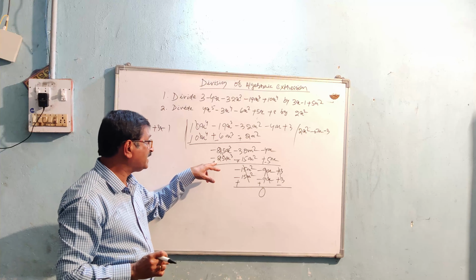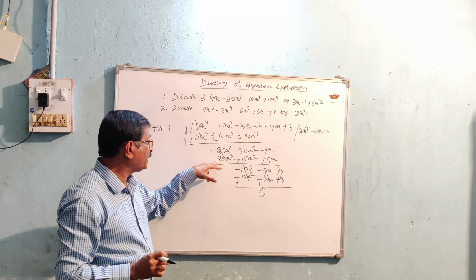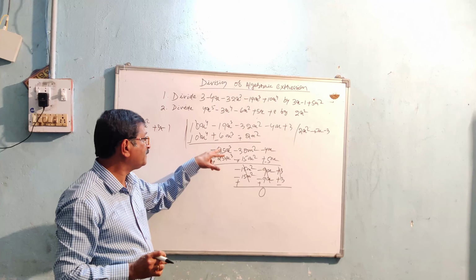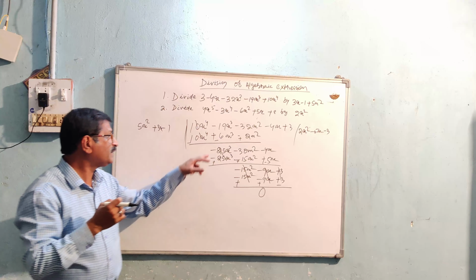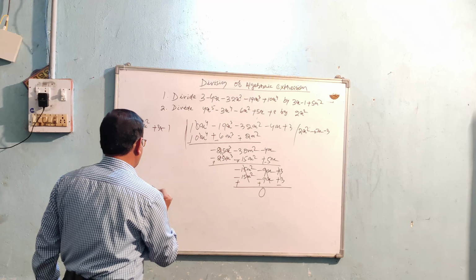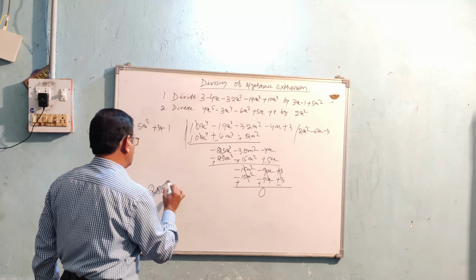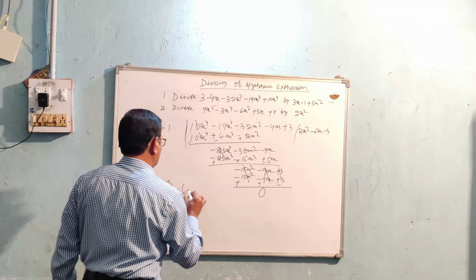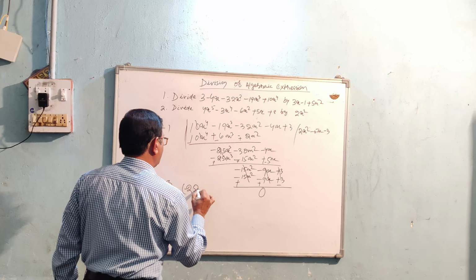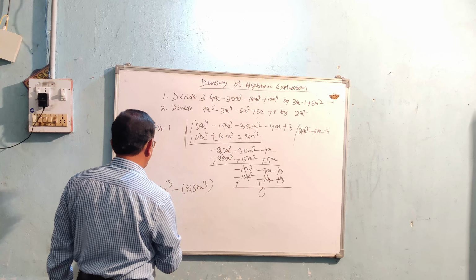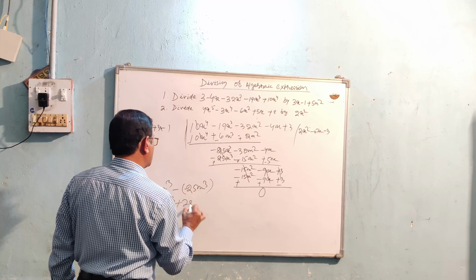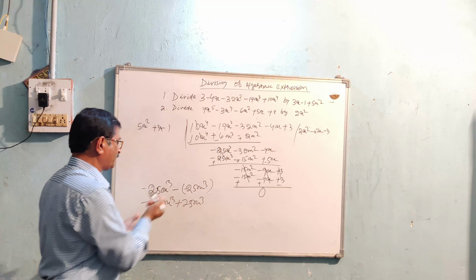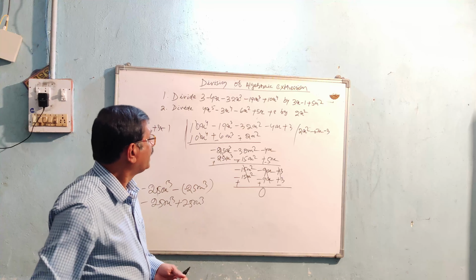You may ask me, sir, how has the sign been changed? It is nothing but minus 25x cube minus, and if you open the bracket, minus 25x cube plus 25x cube. You can see that it has been cancelled.